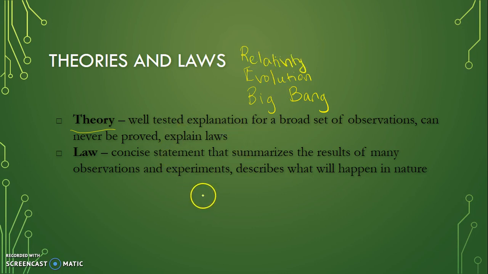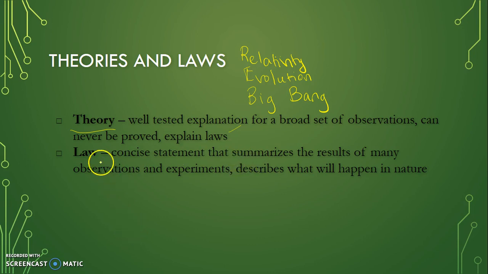There's all kinds of theories, but the idea is that they're well tested. And we typically don't say that you can prove things in science. You can disprove, but not prove to be true. You can support them, but they always stand to be changed because we're constantly learning new information, and things change over time. But they're definitely not just a guess in the dark. So don't think of them that way. It's not like, oh, I have this random idea.